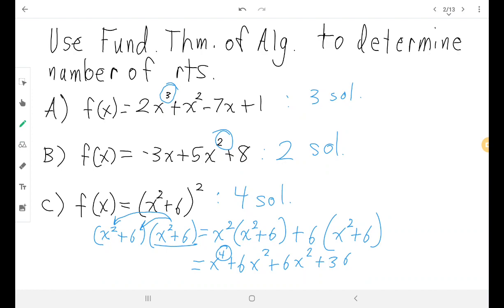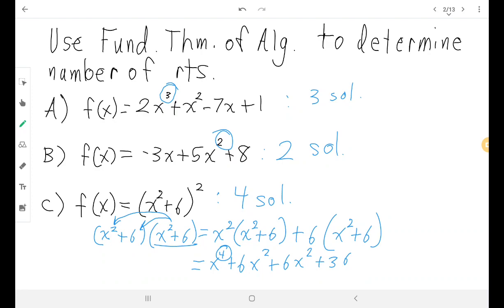Now, the trick is that sometimes roots, zeros, solutions, whatever you want to call them, sometimes they can repeat. Sometimes they can be complex, meaning they involve i. Okay? So that's an important idea here.